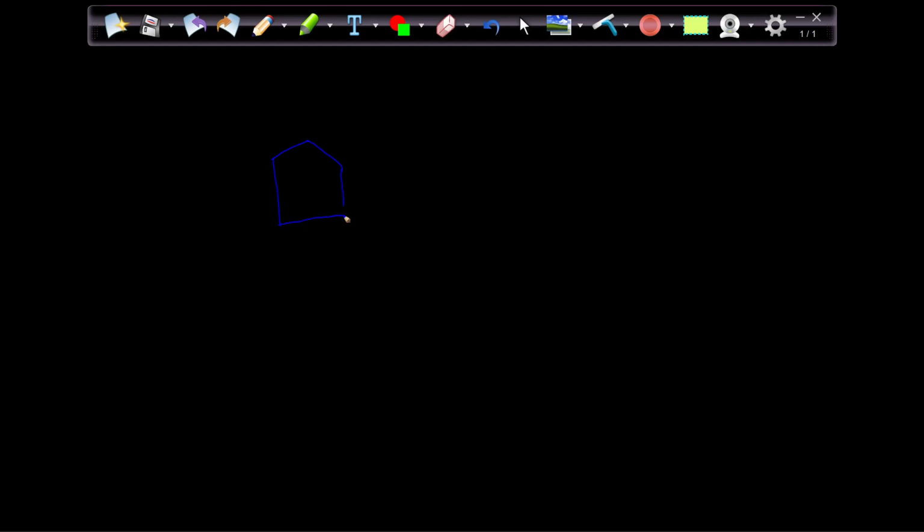First is a square, and this is what we gotta do. Suppose this is a triangle.